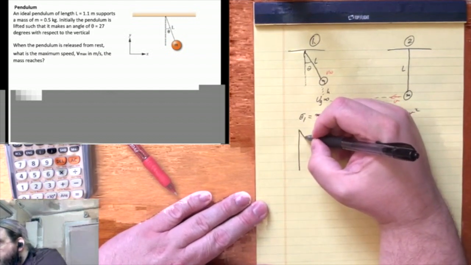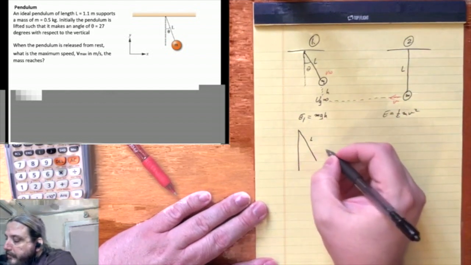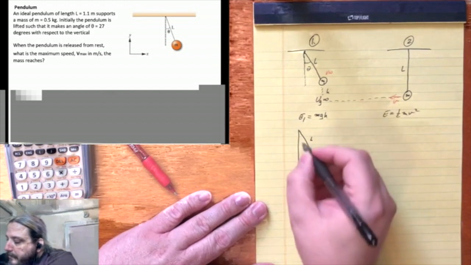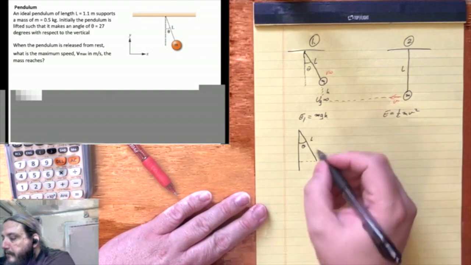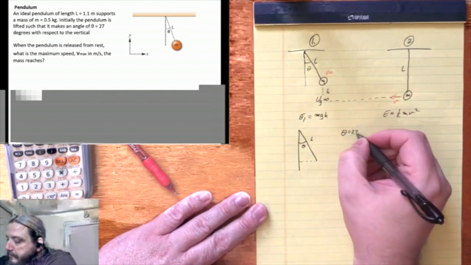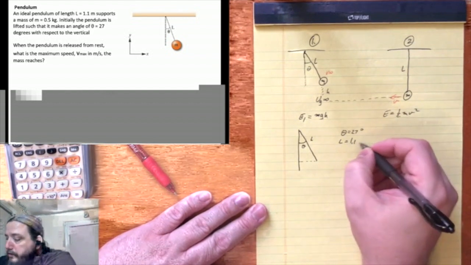So we have a situation here where this is a length L, and this theta here is our 27 degree angle. Our length here, 1.1 meters.